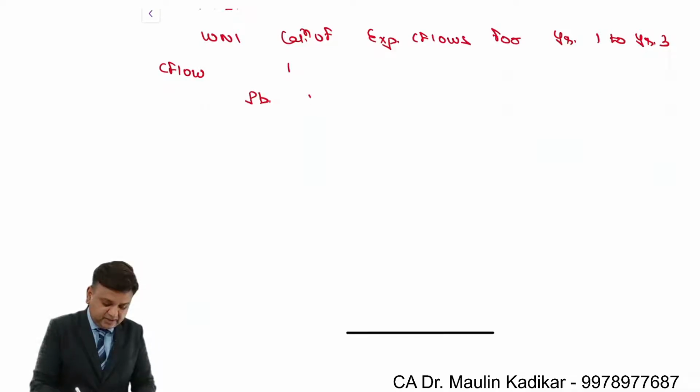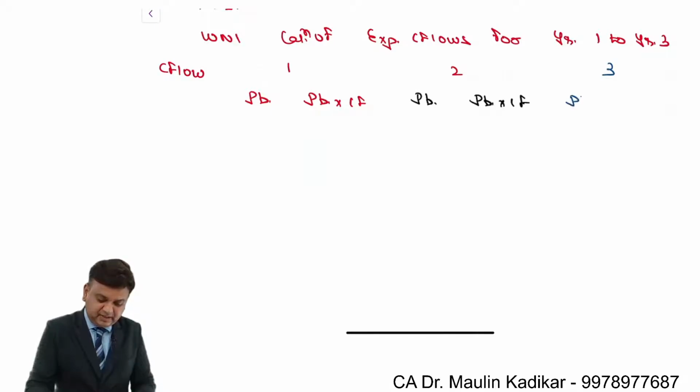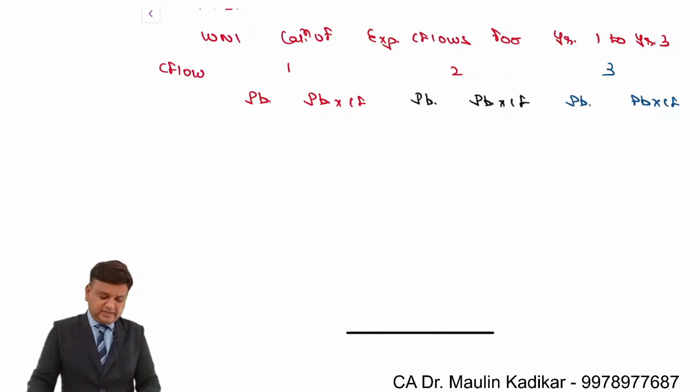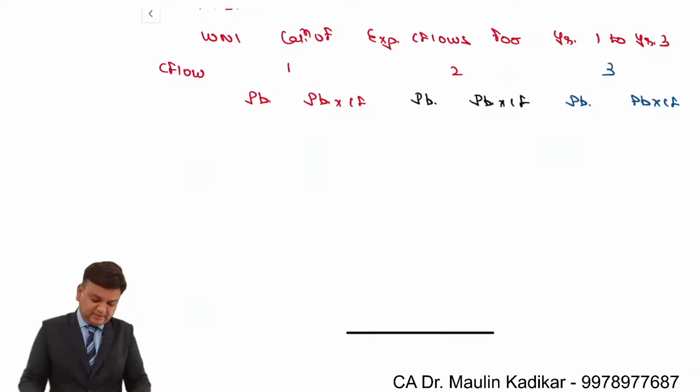Year 1 probability into cash flow. Second year again, probability into cash flow. Again for the third year, probability into cash flow. That is the way we'll have a simple table to be prepared, because every year the amount of the cash flow is the same.